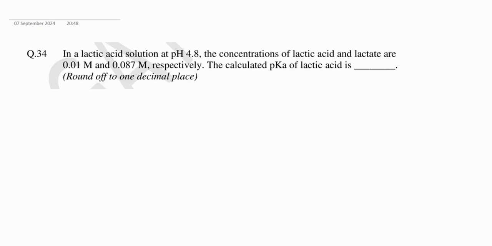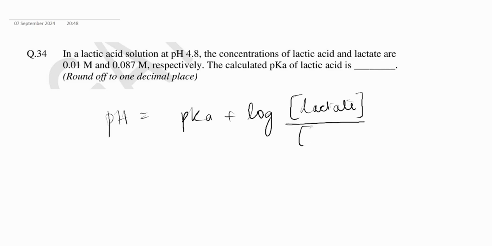So this is a basic chemistry question wherein you use the Henderson-Hasselbalch equation, which is pH equal to pKa plus log salt by acid, which is the concentration of lactate divided by the concentration of lactic acid. The pH we know from the question is 4.8.